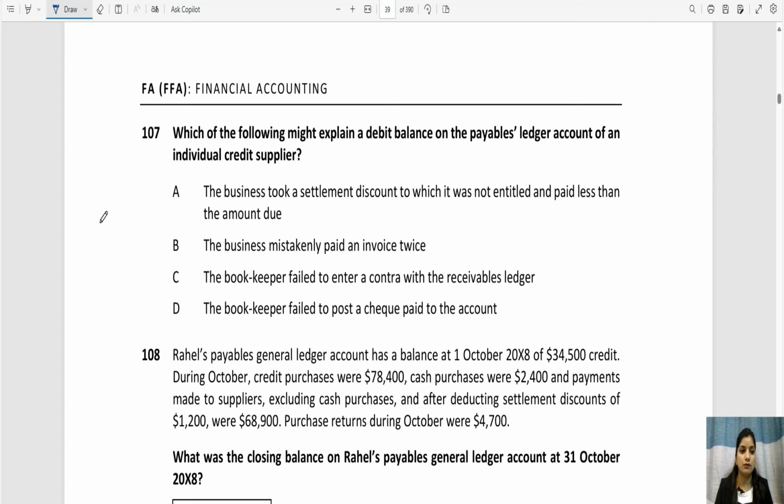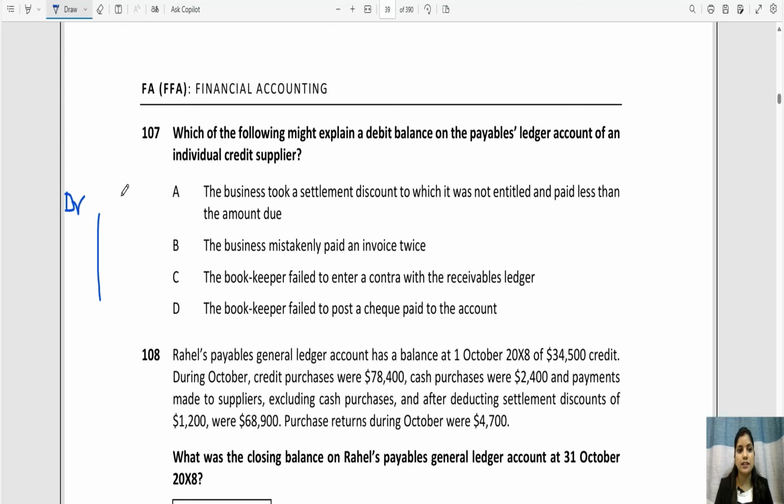Let me make a layout, it will be more clear. So this is the payable ledger, and on the left hand side we have the debit balance, on the right hand side we will have the credit balance. If we have purchased something on credit from our supplier, it will be posted on the credit side because it will increase our payable balance. Suppose I have purchased for 1,000, so it will be posted on this side. That means I need to pay 1,000 to my supplier. But instead I paid 750 and got a discount of 250.